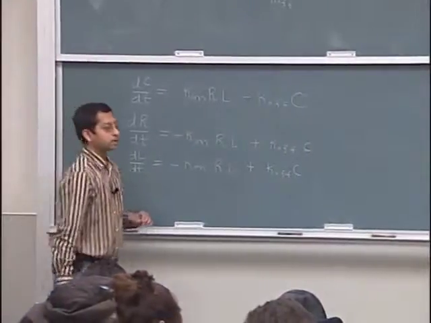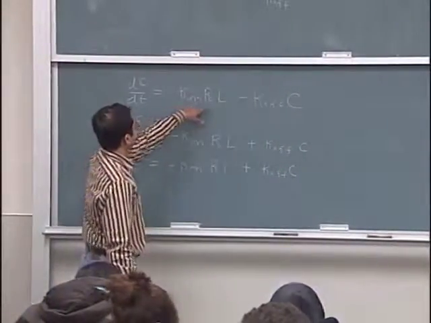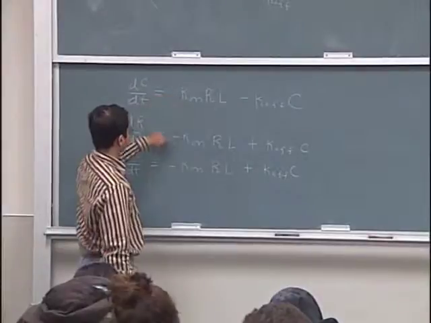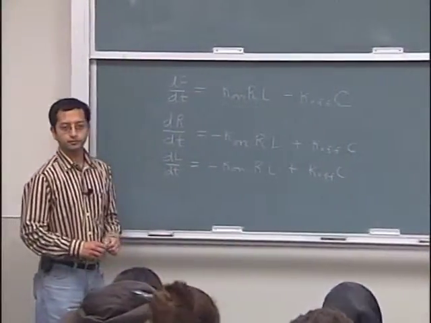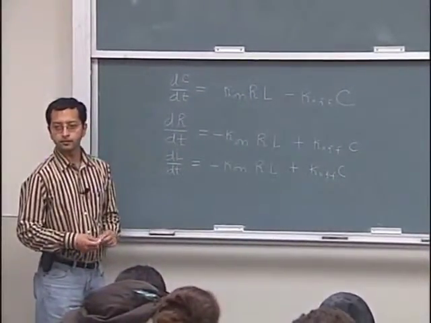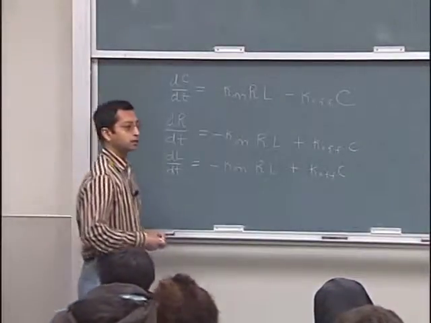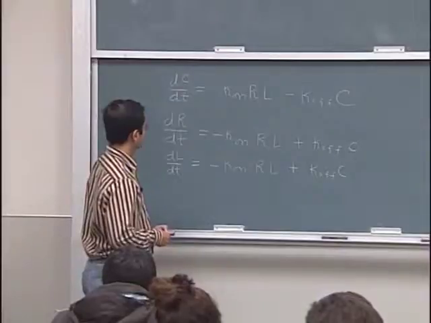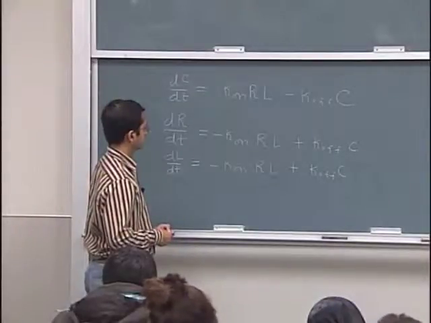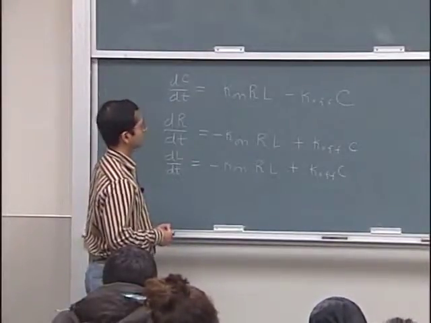Can you tell me why I chose this positive and these two terms negative? Yes, because k on represents the movement from R and L into becoming complex C. Correct.